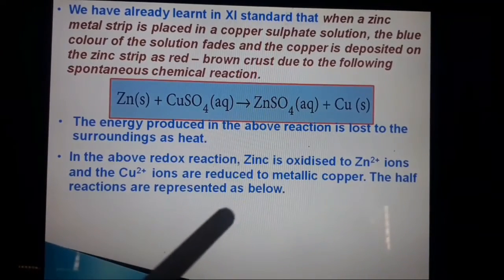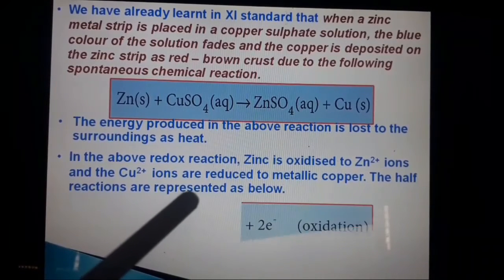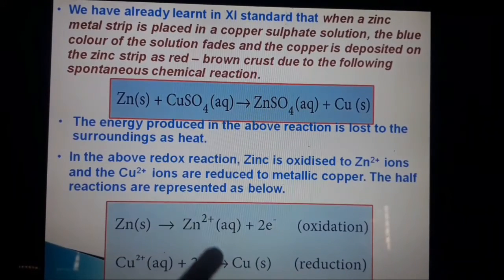The half reactions are represented as below. Zinc loses the 2 electrons and changes to zinc 2 plus ion, that is oxidation. Copper 2 plus ion in copper sulfate solution takes the 2 electrons to convert to copper solid, that is reduction.